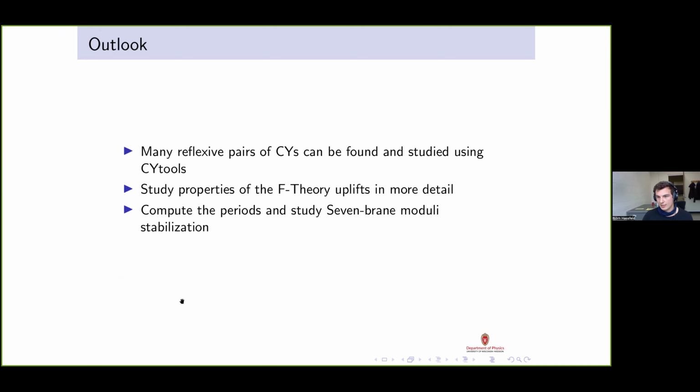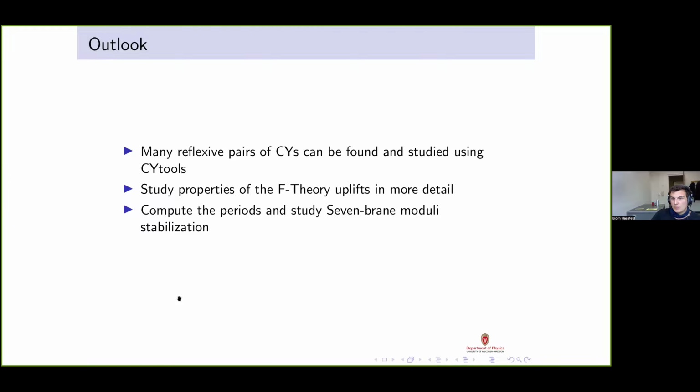So let me summarize to get to the end. What we have done is we found a systematic way to go from Calabi-Yaus to Calabi-Yau orientifolds to the uplifts to F theory. And these can be efficiently studied using the software CY2, for example.